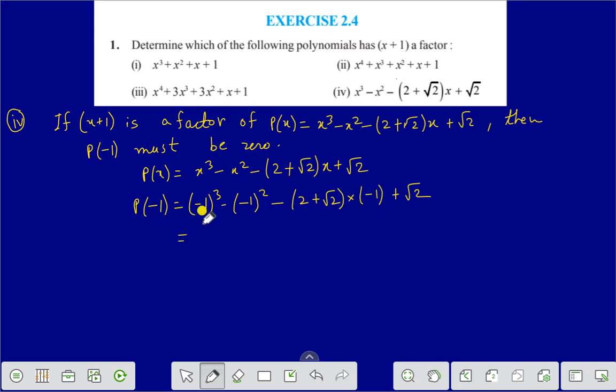We are getting (-1) whole cube means minus 1. (-1) whole square is 1, that is minus 1. Minus into minus is plus 2, minus into minus is plus root 2, plus root 2.